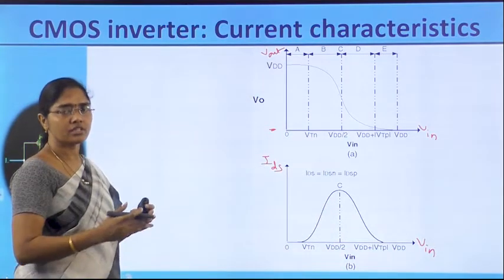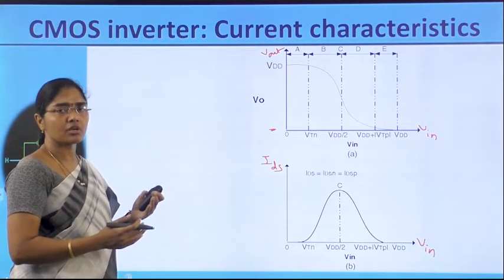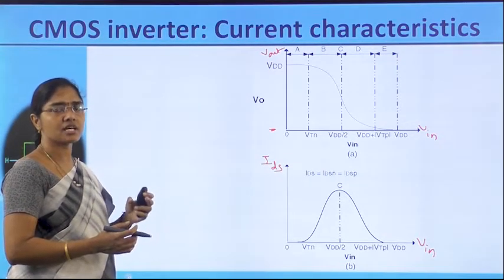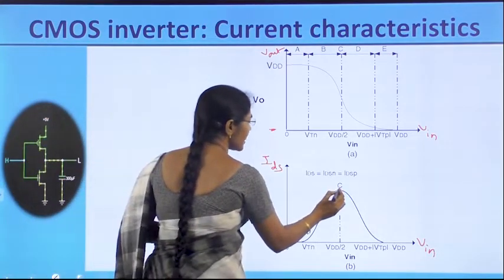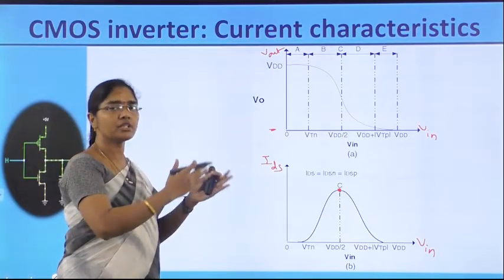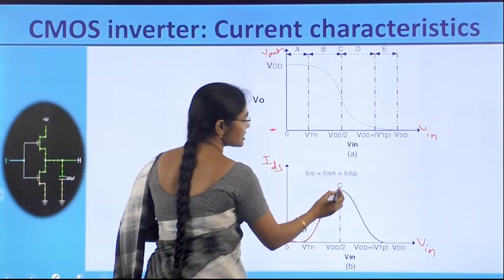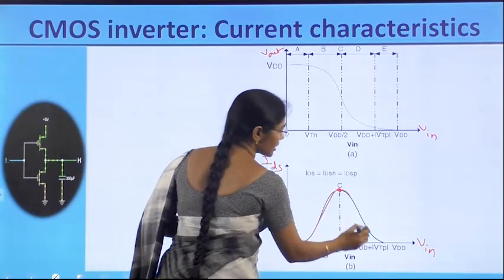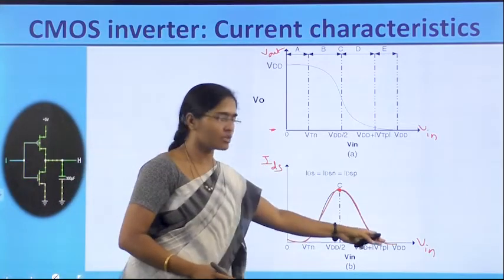Out of all the 5 regions, region C has the maximum current because both transistors are in the saturation region. From region A to region C the current is increasing, and from region C to region E the current is decreasing as the output voltage is reducing.